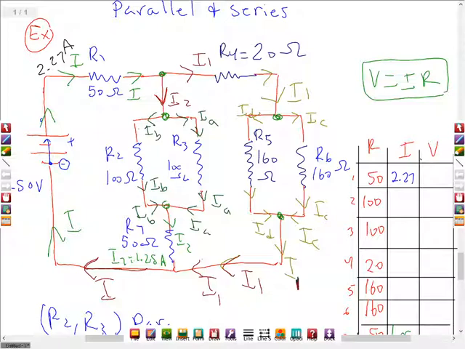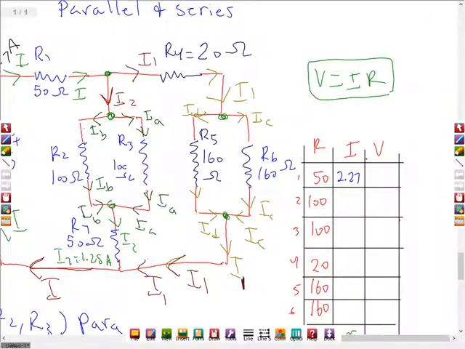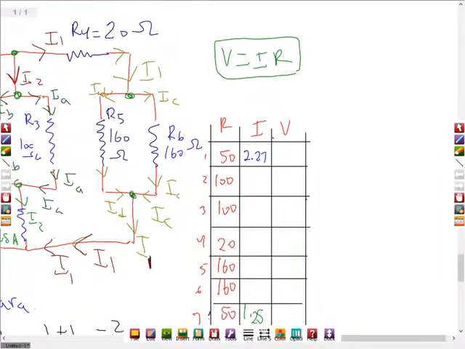I2. Here's the idea. I need you to watch. I'm gonna move my board here. I need you to listen to what I'm saying. How we find the branch currents. I2. You make a denominator and numerator.